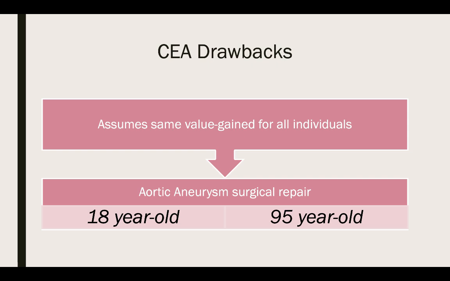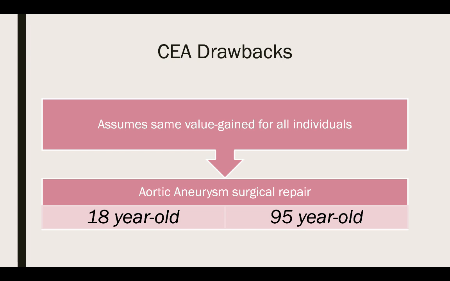As with all of our analyses, whether it's cost benefit, cost effectiveness, or cost utility, there are going to be some drawbacks to it. With cost effectiveness, we're just looking at the cost per outcome, and this kind of puts everyone on the same plane and the same value gained for all individuals. I pulled out an example of an aortic aneurysm, surgically repairing that aortic aneurysm.